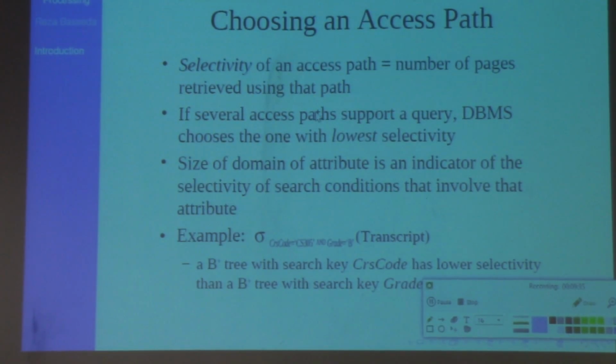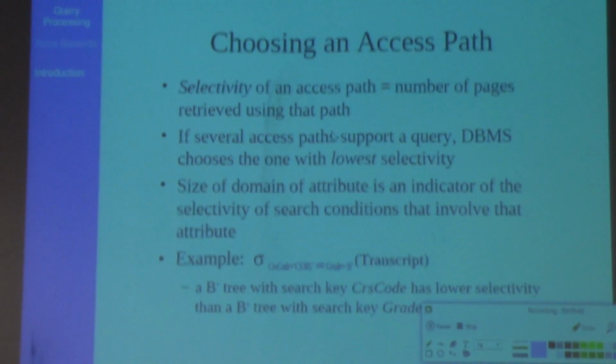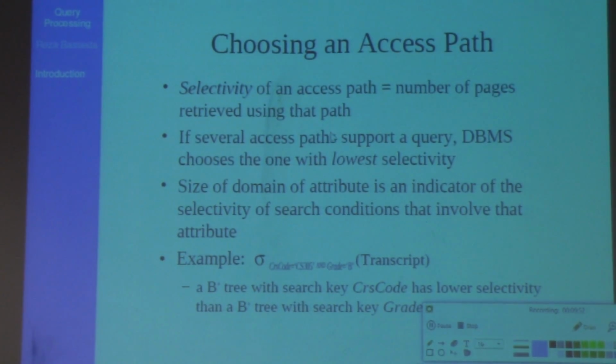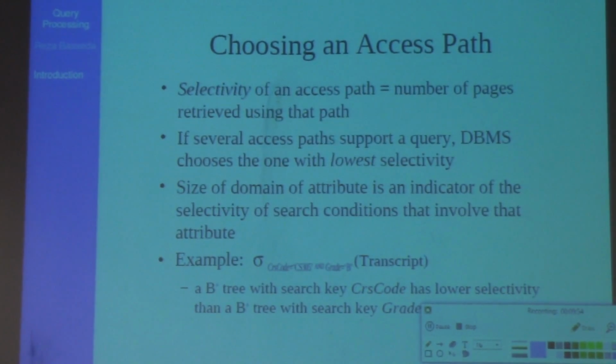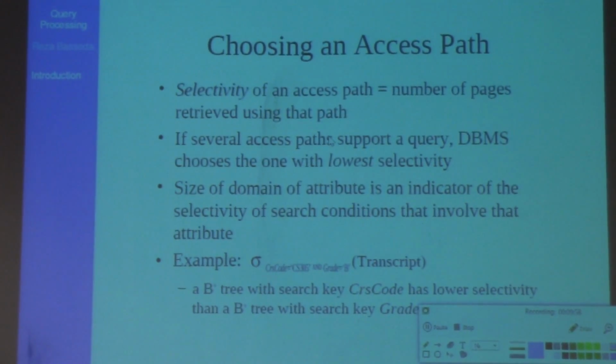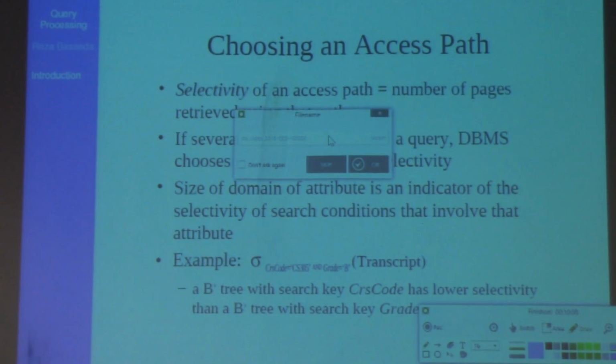If the DBMS has some estimation about how many pages each of the access paths needs to transfer, then it is going to use the access path that has the minimum number of page transfers, right? So it's not stupid.